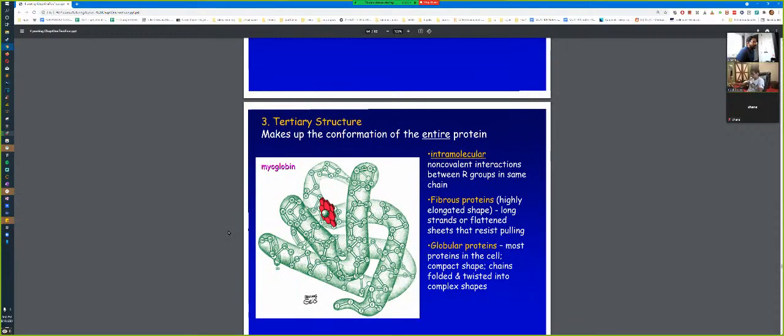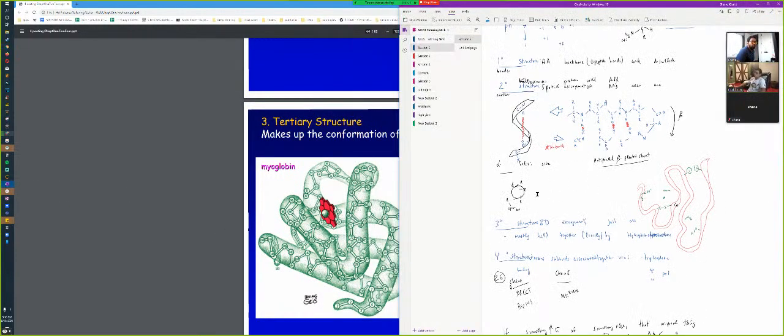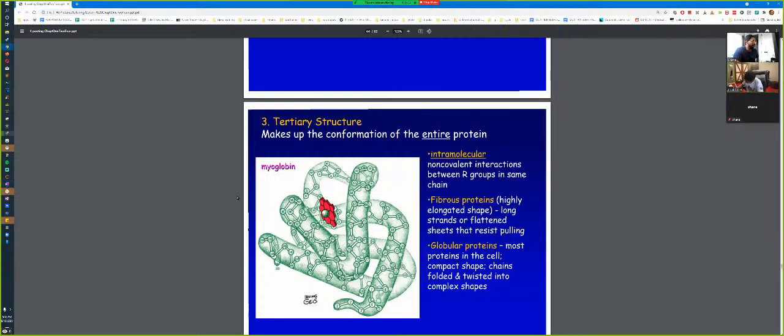Now, tertiary structure, I wrote as a 3D arrangement, mostly held together very loosely by hydrophobic interactions.